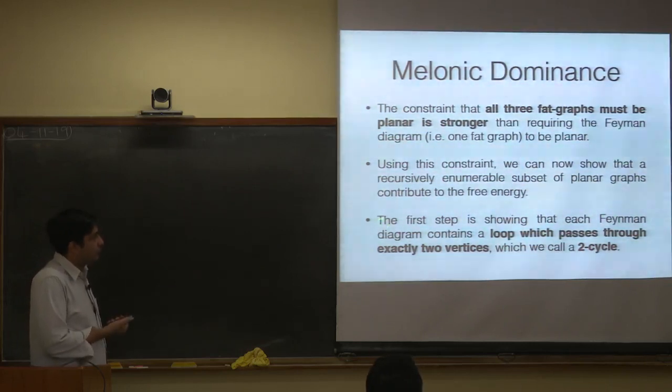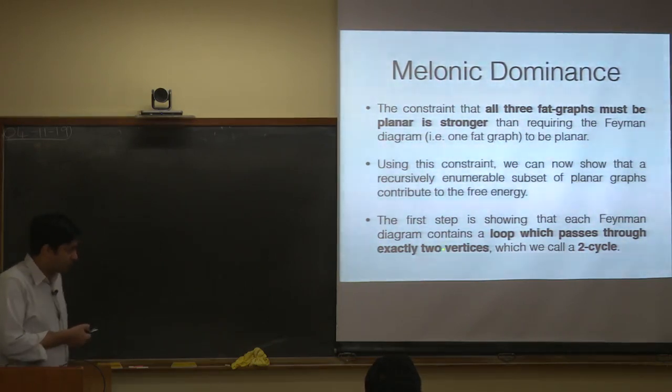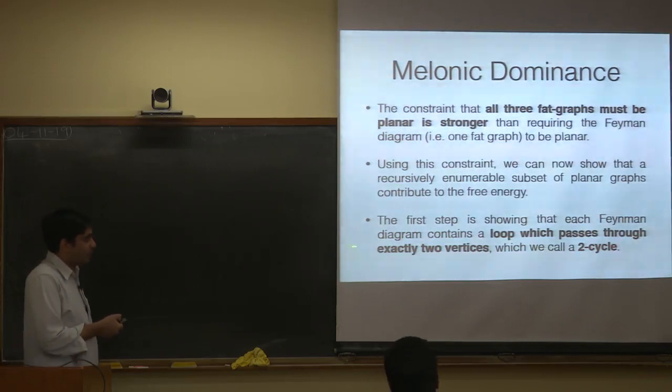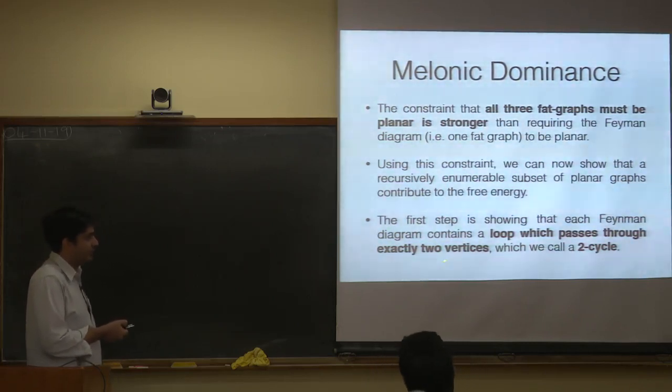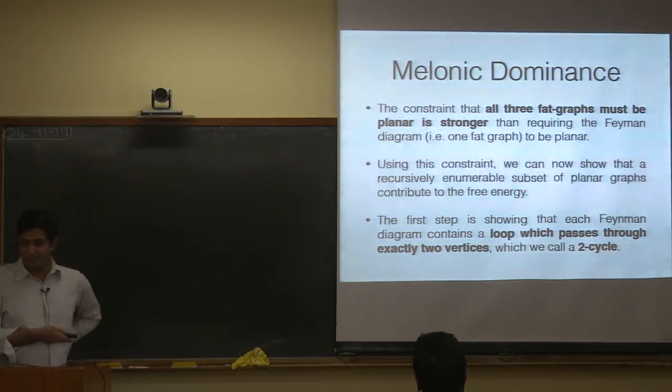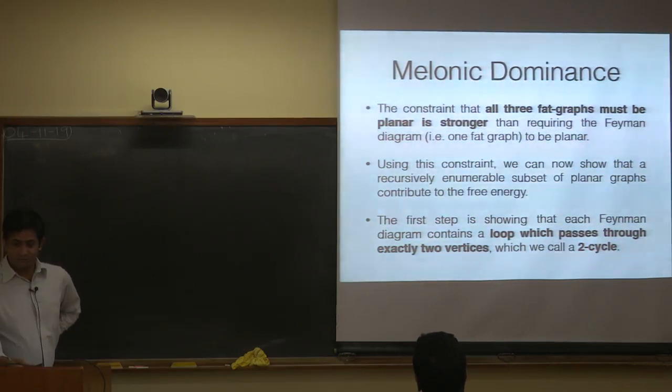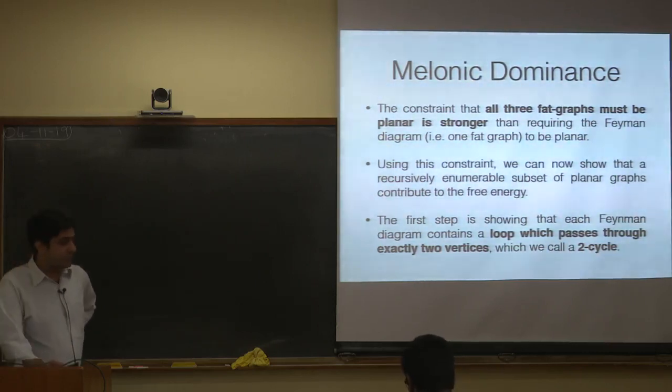Okay. So to show that only melonic diagrams contribute, we show that each free energy diagram contains a loop which passes through exactly 2 vertices, and that's called a 2-cycle. So this is the case which is subchromatic, whatever. In principle, I'm just doing the tetrahedron again.